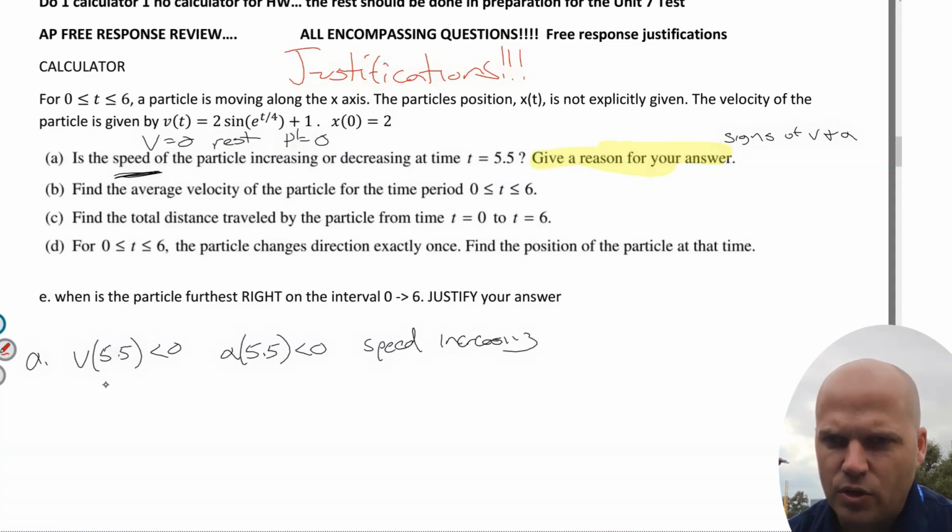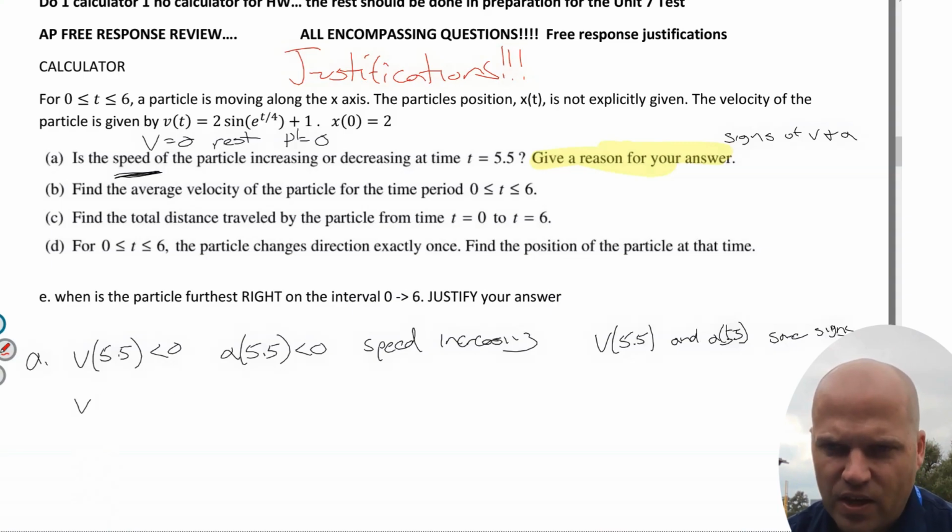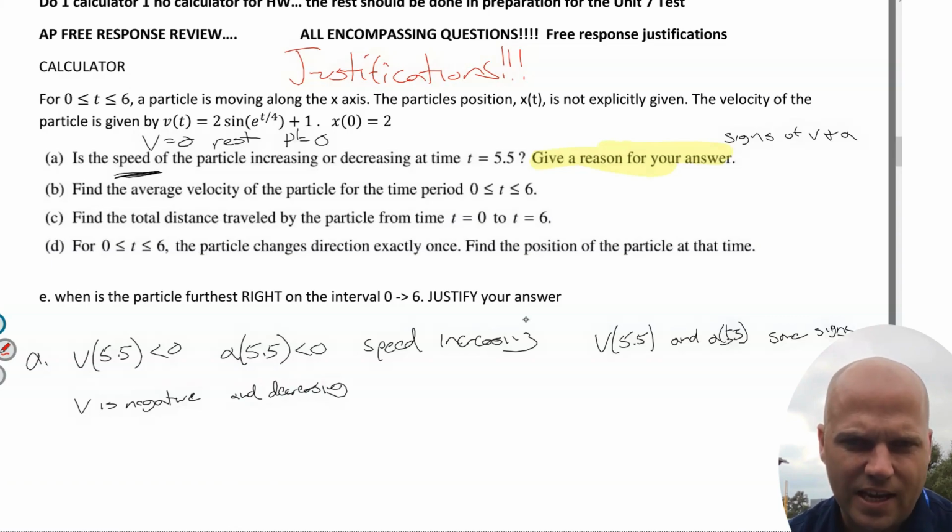That's probably good. You could say V of 5.5 and A of 5.5 are the same signs. You could say V is negative and decreasing. Whatever you like to remember, just say it.